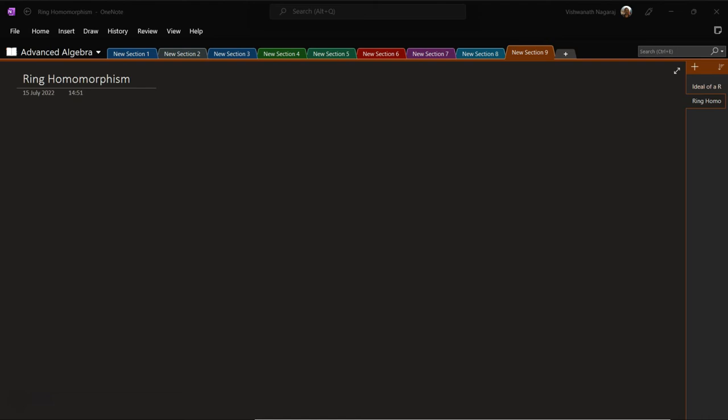Look at ring homomorphism. We have already seen this homomorphism concept in groups.